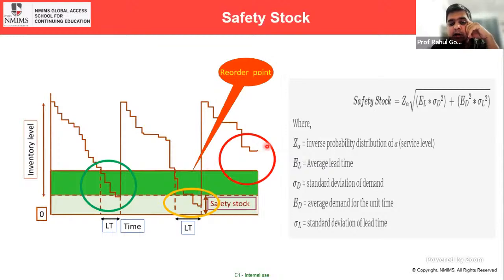There can also be cases wherein demand is being consumed, inventory comes to a particular level, and then there is an issue with the demand, so demand is not there and you are sitting on idle inventory. All these cases are possible, but what safety stock helps you do is manage demand side and supply side variability.